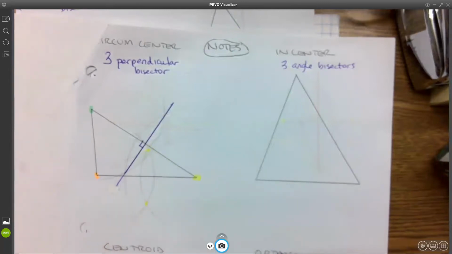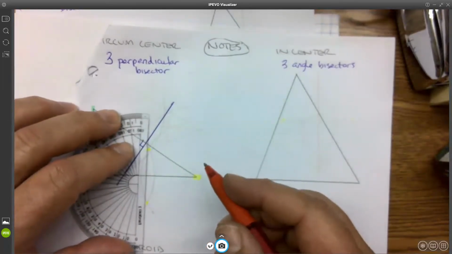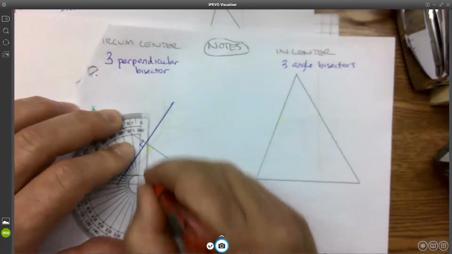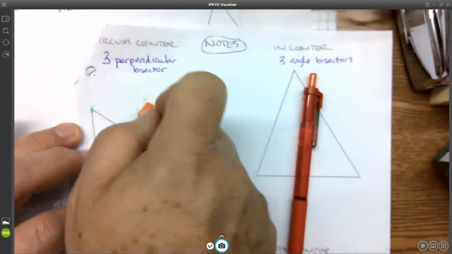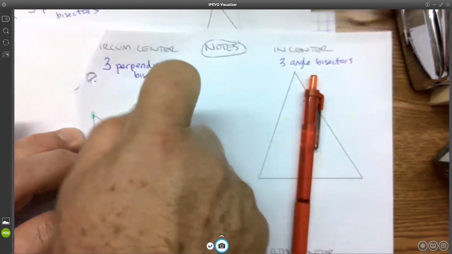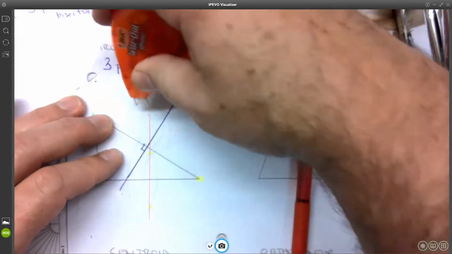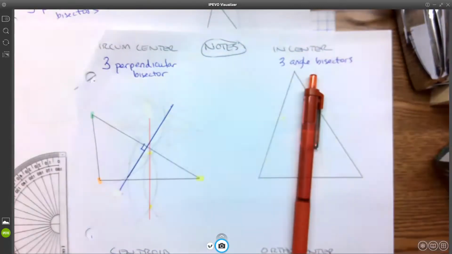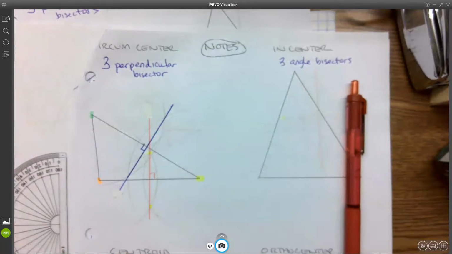So I'm going to do that just to show that those are those. So there's my second perpendicular bisector.